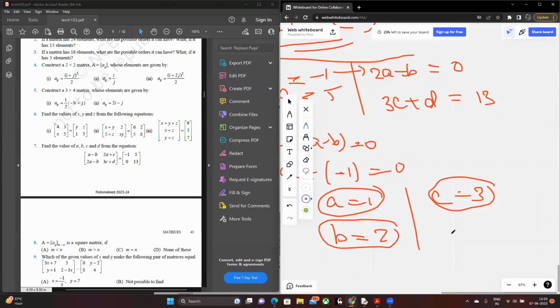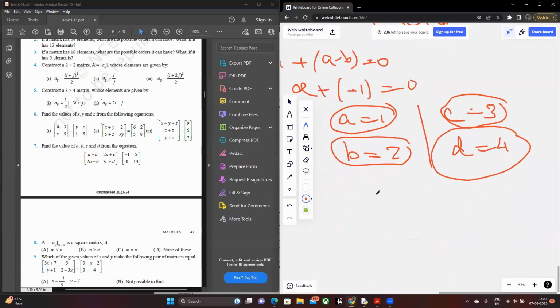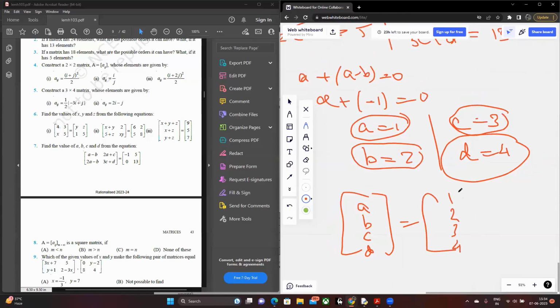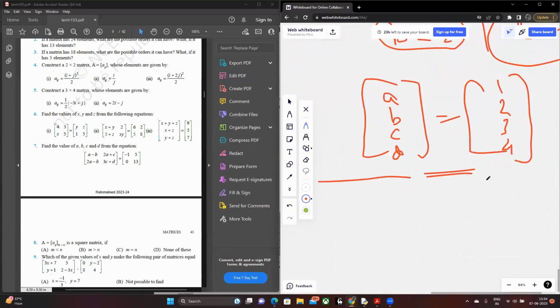And if c is 3, then d is 4, because 3 3s are 9, 9 plus d is 13, or d is 4. So your solution set is (a, b, c, d) is equal to (1, 2, 3, 4). That takes care of 7.